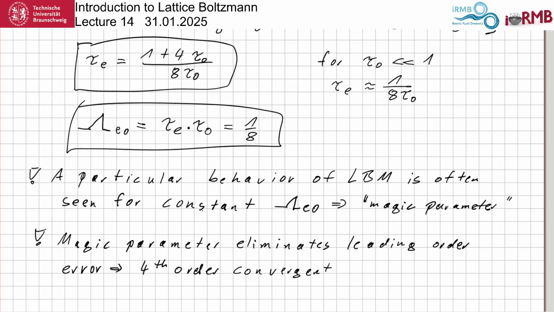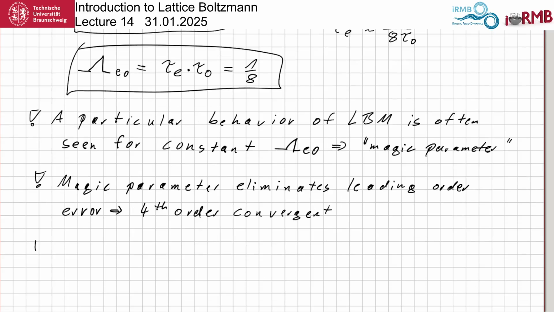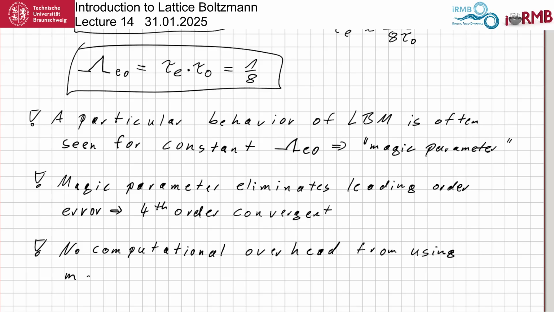And the interesting thing with this is that it comes without any computational overhead. You just have two different rates, and you have to specify one rate dependent on the other, and then you get a much better result.